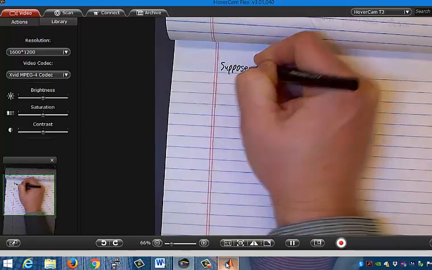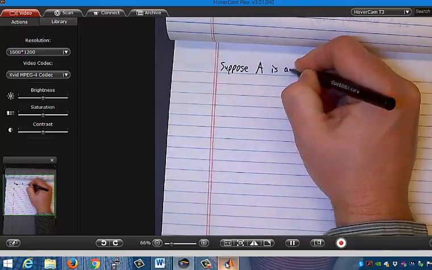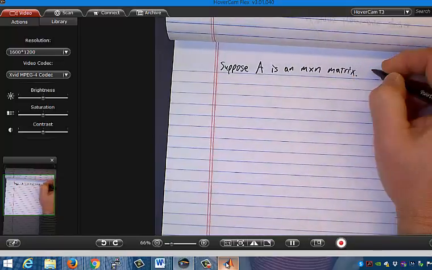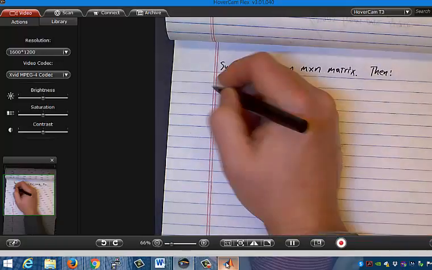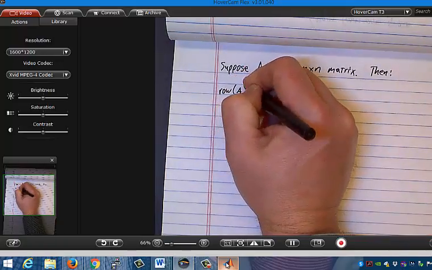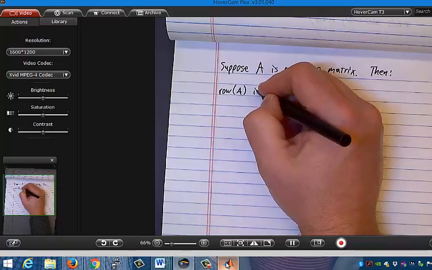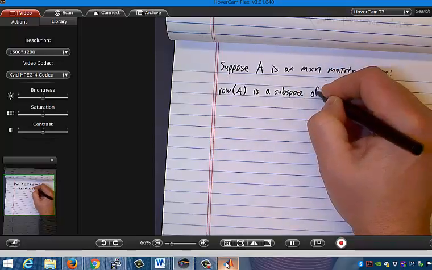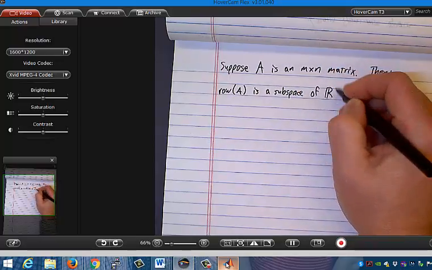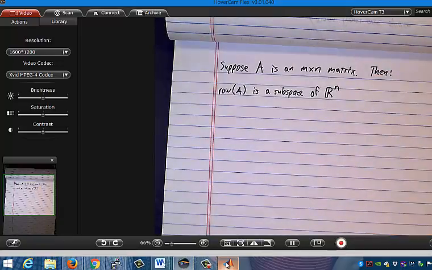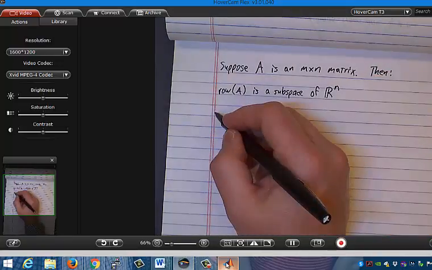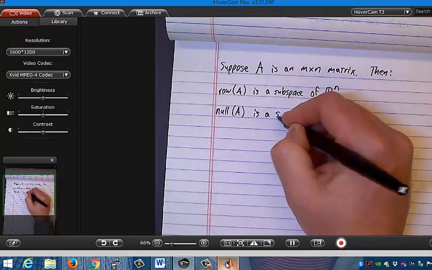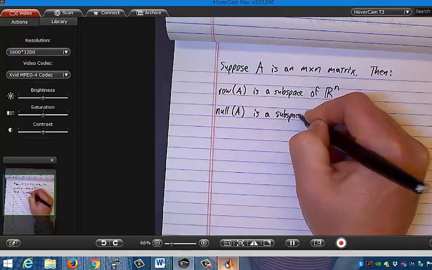Suppose A is an M by N matrix. Then the row space of A is a subspace of Rn. The null space of A is a subspace of Rn.